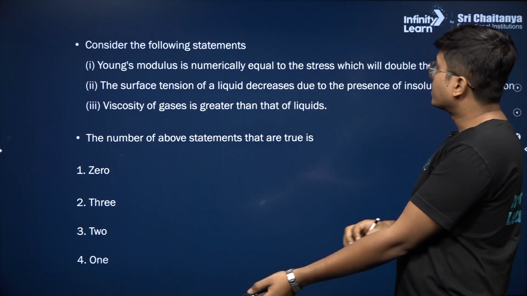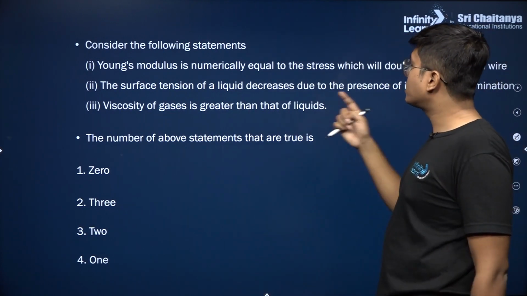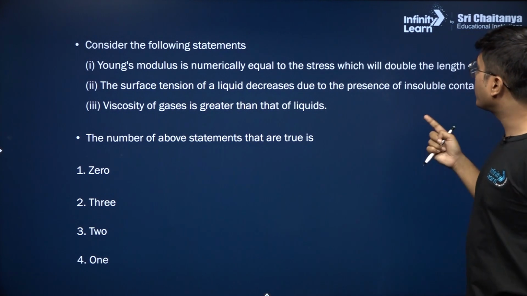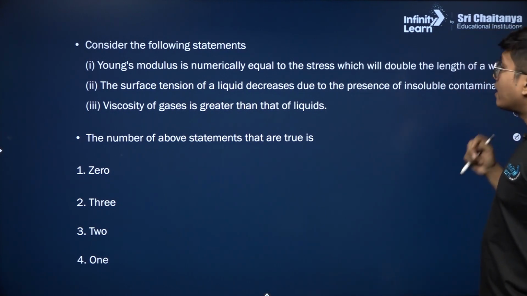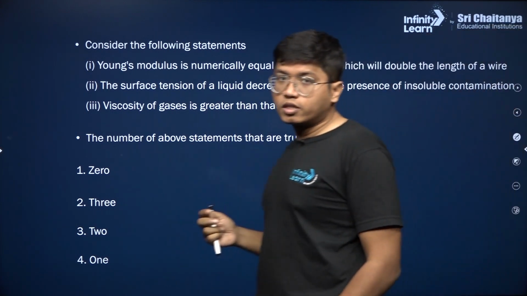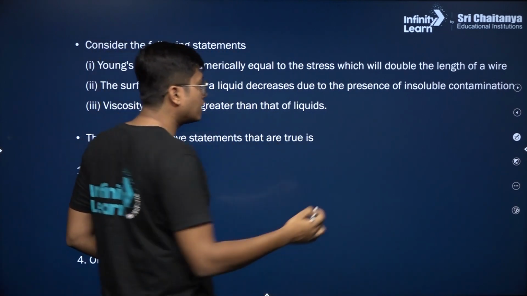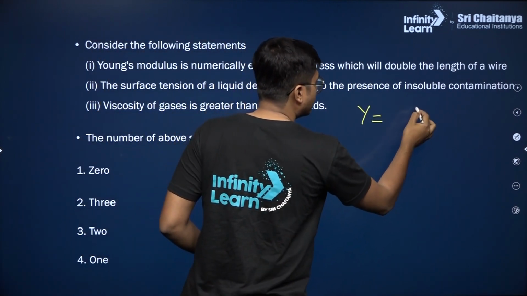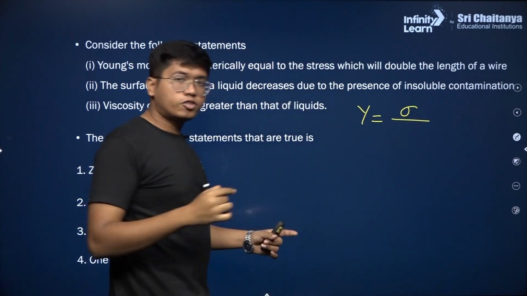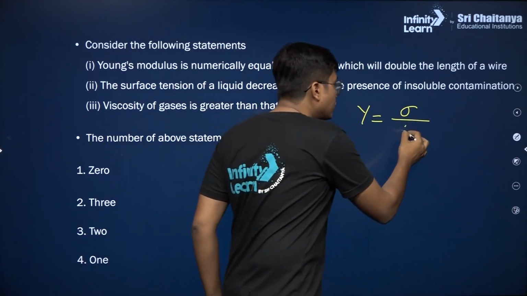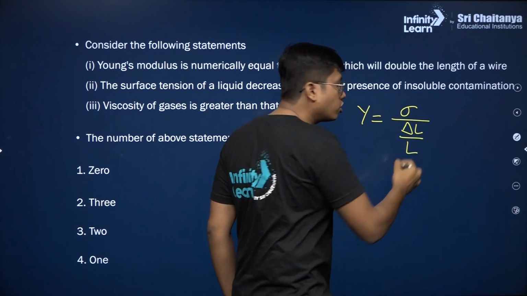Next, it says that we have to consider the following statements. First, Young's modulus is numerically equal to the stress which will double the length of the wire. Now we know the Young's modulus Y is equal to the stress sigma divided by the strain. The strain was the change in length divided by the original length.